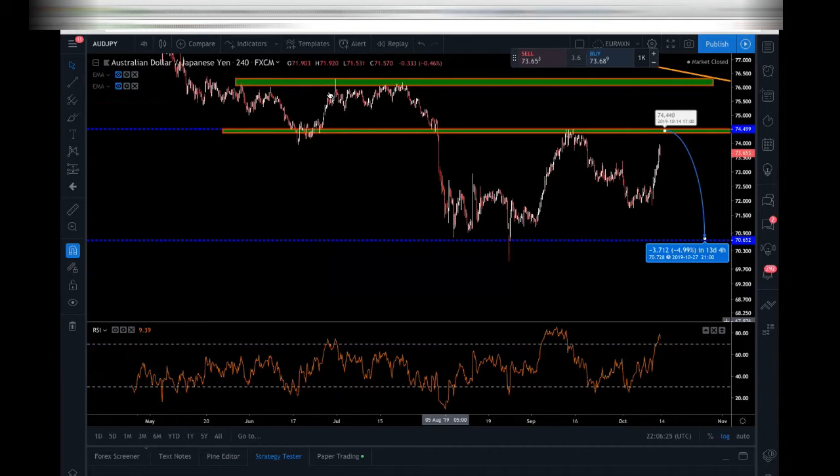As you can see, this is my zone here. So I'm looking for overbought levels. So if I'm looking to trade it in this area here, price needs to be over 70. Was price over 70 right here?